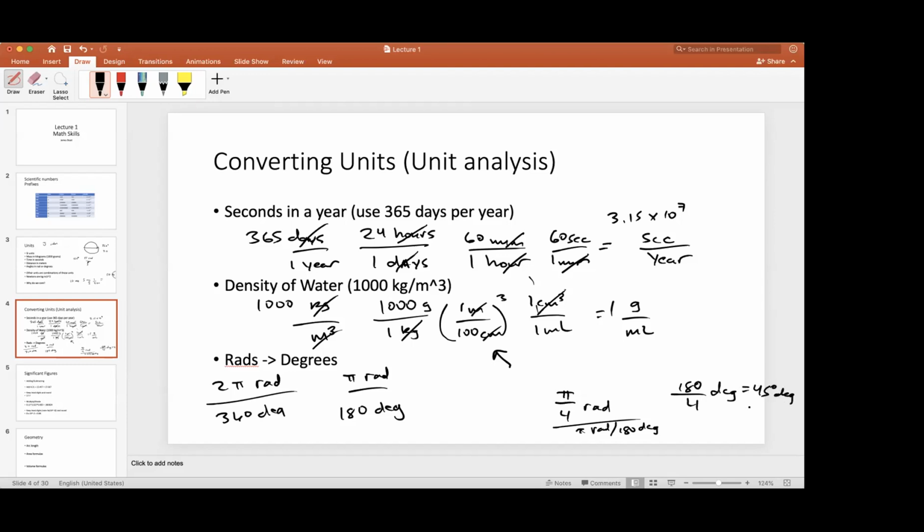Okay, you probably already knew that, but if I want to know 30 degrees in rads, okay, I have to flip it. So I have pi rads per 180 degrees, and therefore I get pi over 6 rad. Okay, 30 degrees is pi over 6 rad.